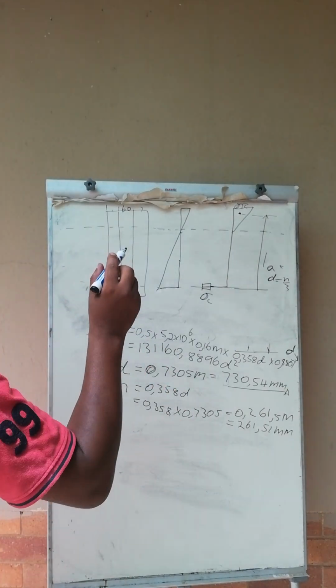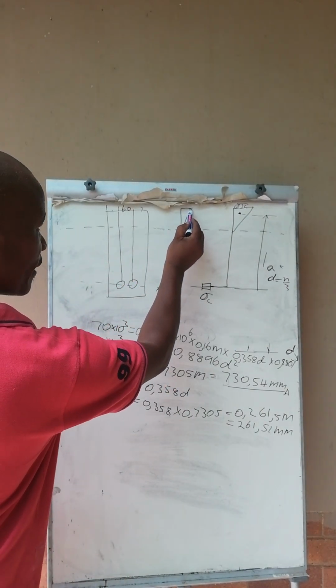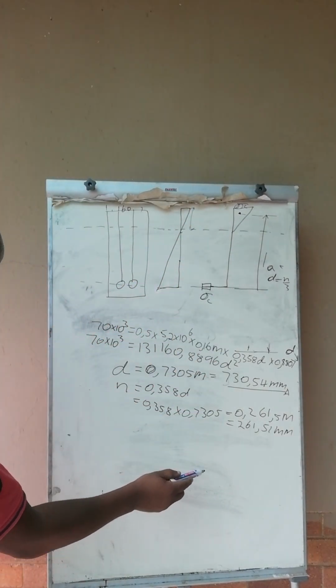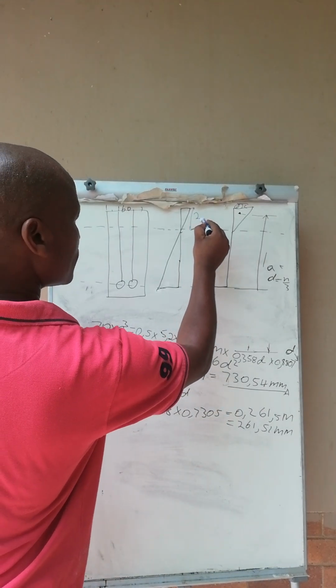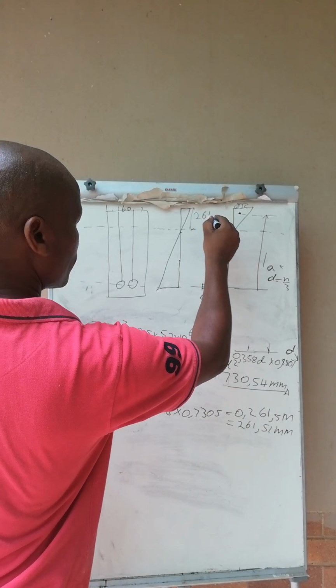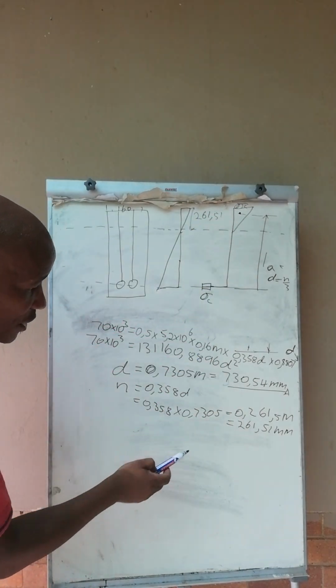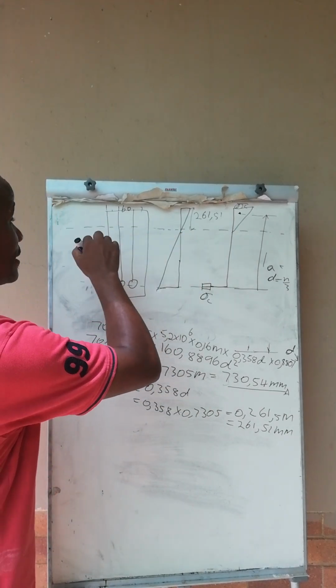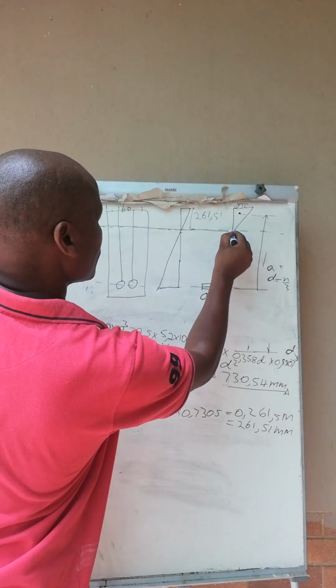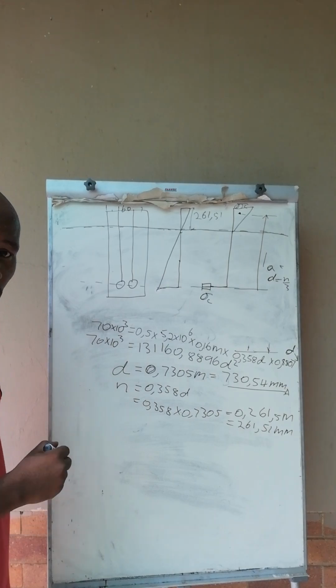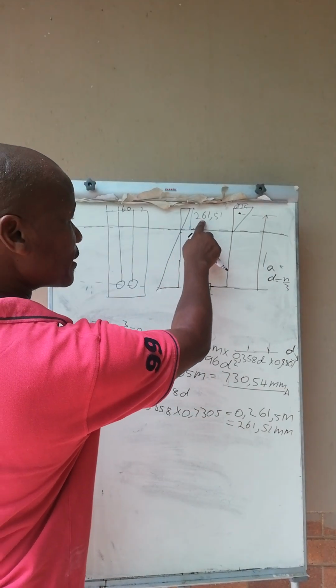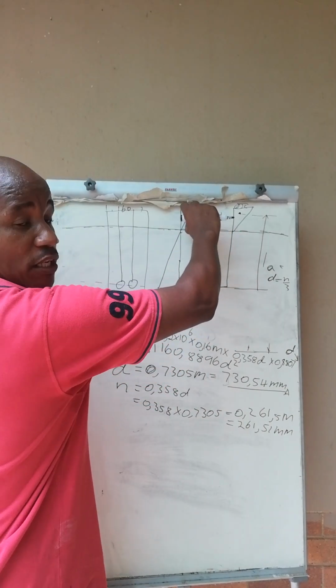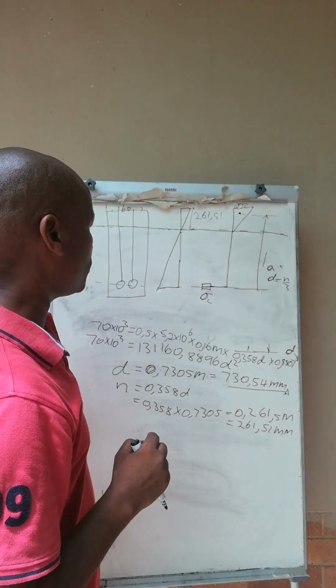Now look, the distance from there to there is 261.51, meaning our neutral axis is this line. The position of our neutral axis is 261.51 from the top of the reinforced concrete beam.